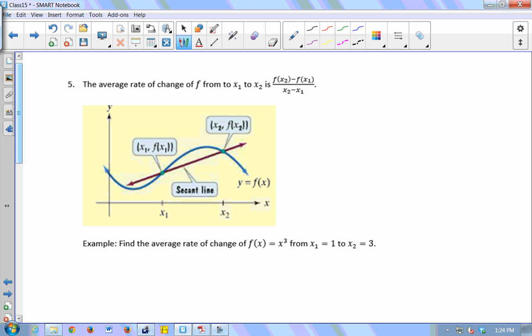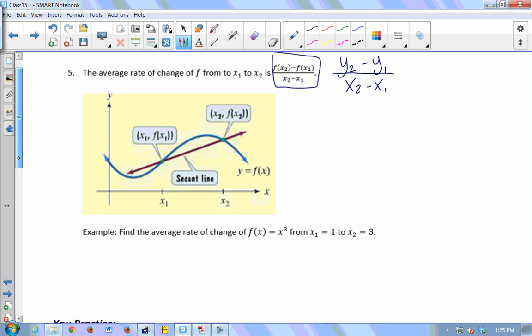So don't get confused by this notation, right? F of x2 and f of x1, you should just read those as y2 and y1, right? Remember, f of x is just a fancy form of writing y. Okay, so this just says y2 minus y1 over x2 minus x1, which is just the slope of the line through those 2 points.